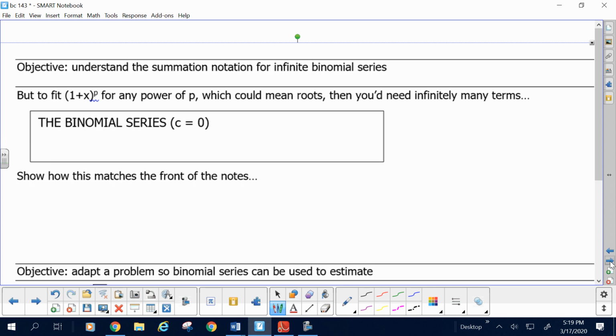Say I talked about, rather than that expanded p times p minus 1 times p minus 2 and so on, let's look at this a little more formulaically. To fit 1 plus x to the p to any power, which could mean roots, I'm not going to fit a square root graph with a polynomial unless I make it lots and lots of powers so that it can behave like that.